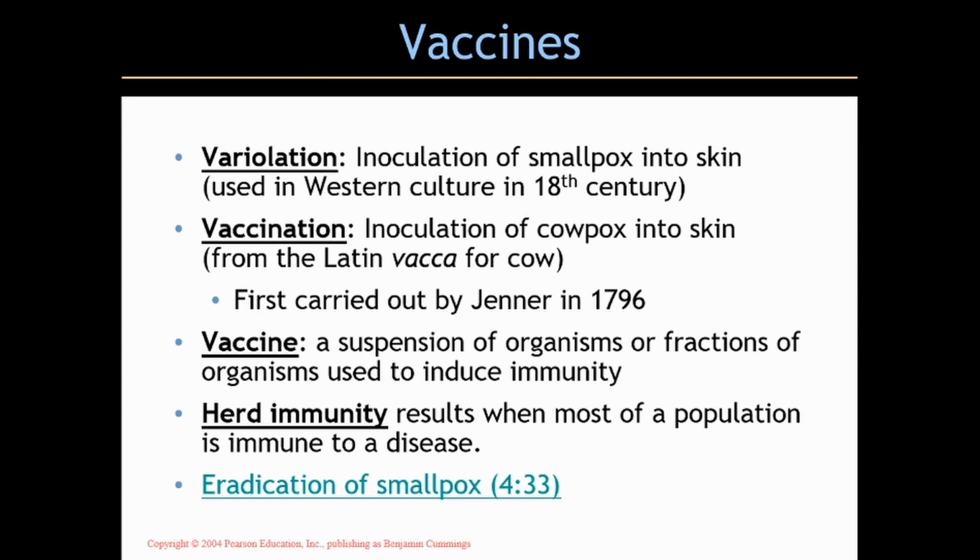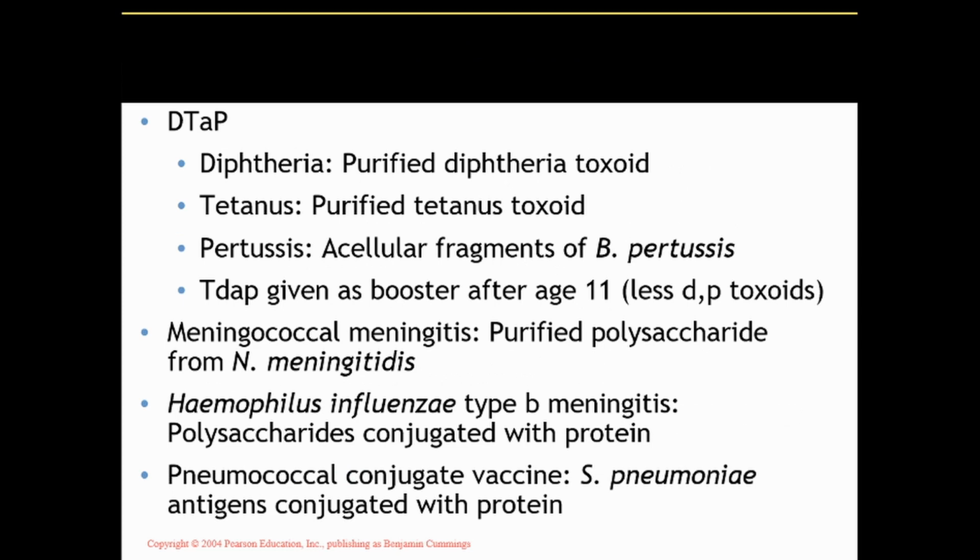It was like falling off a cliff, the number of measles cases in the United States. As the number of vaccines administered increased, the number of measles cases decreased greatly. It was a very strong, powerful correlation between the two. And there's a video link there, Eradication of Smallpox. It's a good one on TED Ed.